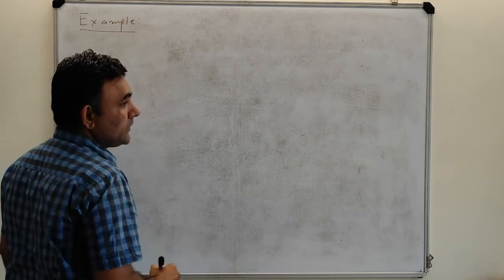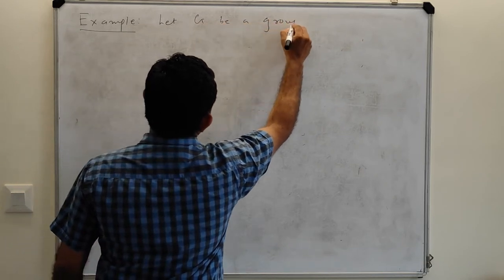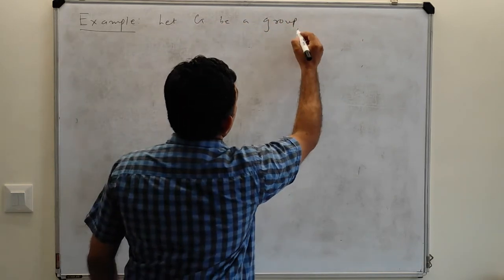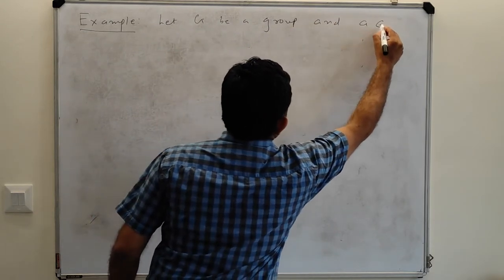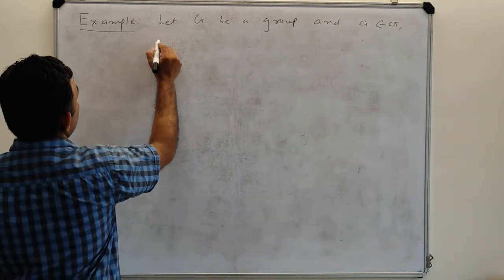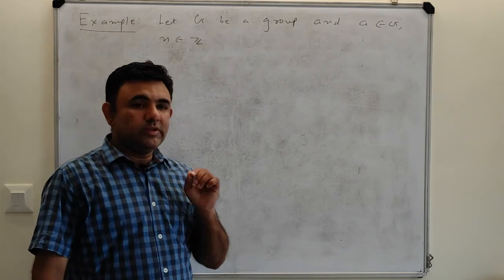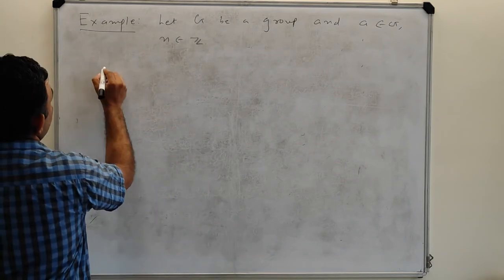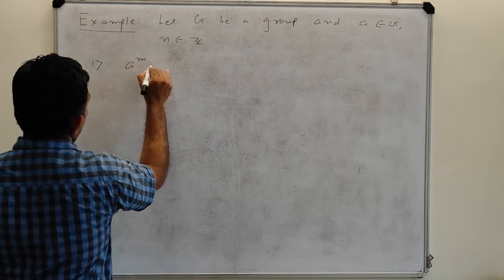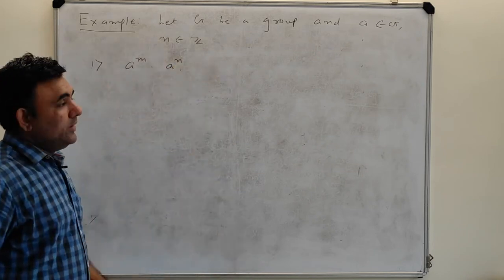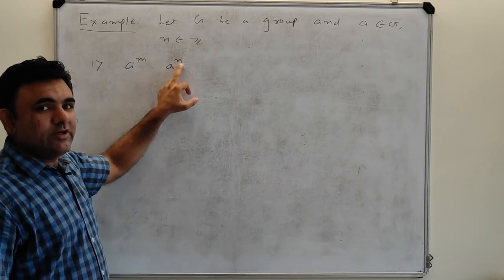Example: let G be a group and a belongs to G, and consider m, n belong to Z. Now if n belongs to Z, then n may be a positive integer or a negative integer.